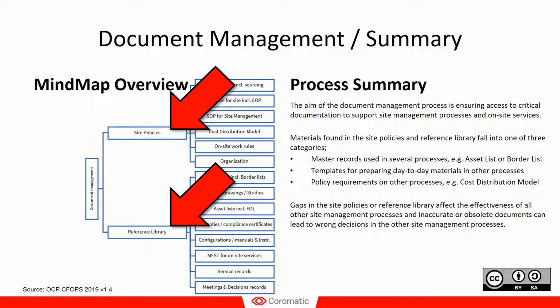And the third type are policy requirements on other processes. In this example, it's a cost distribution model that is used to explain how to split costs across, for example, different site system technologies or across different sites.